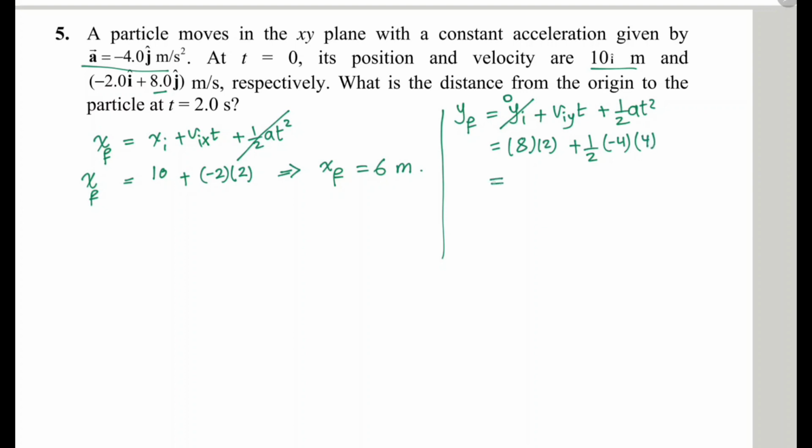You do the math, you will find y final equals 8 meters. So the distance d is actually the square root of 6 squared plus 8 squared, or d equals 10 meters.